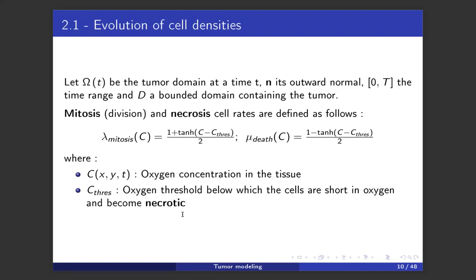C denotes the oxygen concentration in the tissue, and C thresh denotes the oxygen threshold below which the cells are short of oxygen and become necrotic.